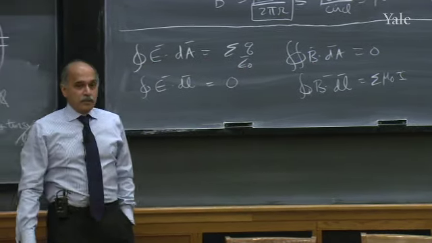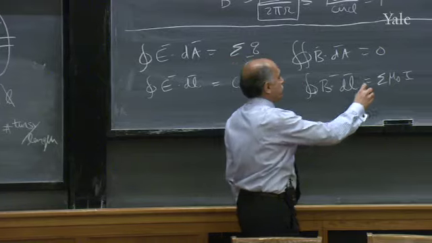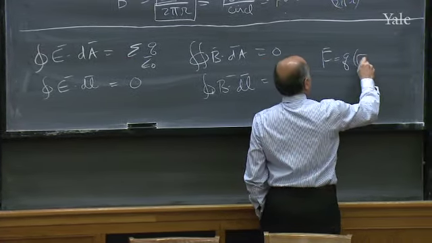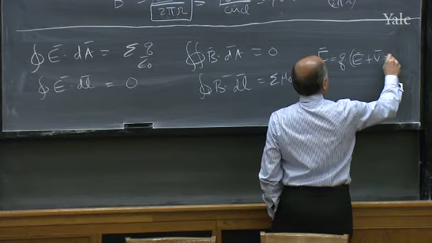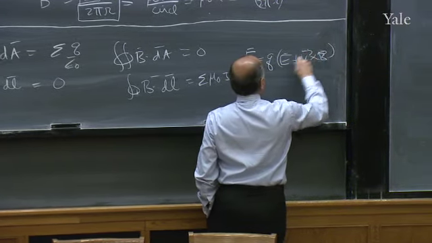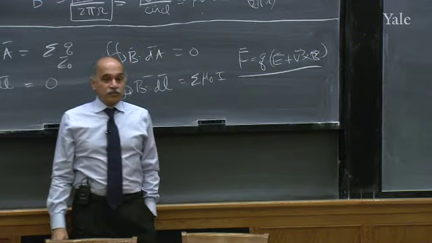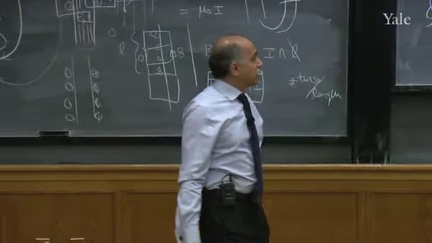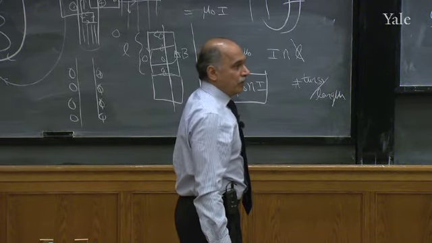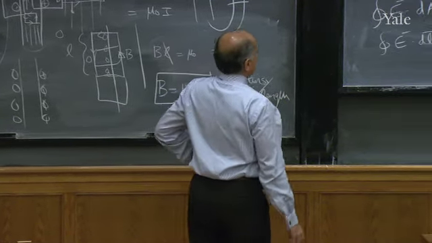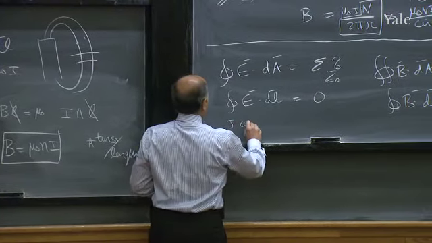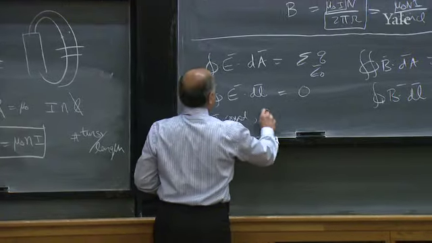That's it. And the force, after all, who cares about E and B except for this great equation, which tells you that if a charged particle goes into a region with electric and magnetic fields, this will be the force acting on them. That's very important. That's why we care about E and B, because they make things happen. So the cycle of physics will proceed as follows. This is all for statics. That means J is constant and rho is constant.